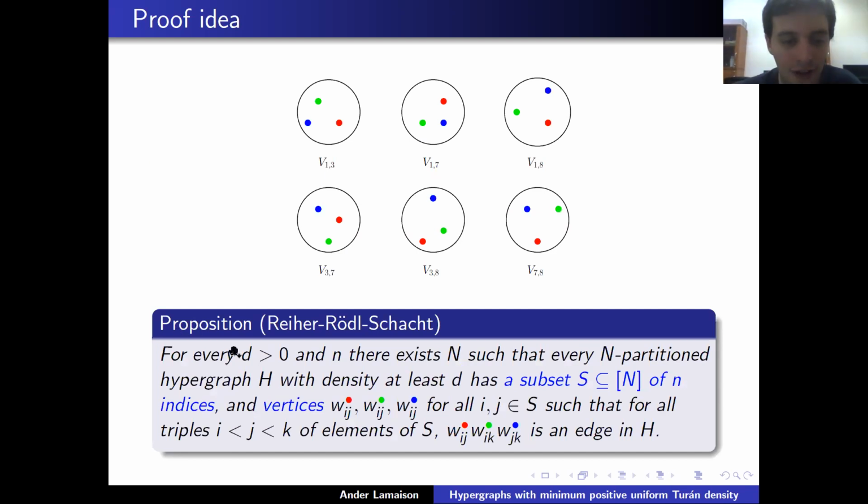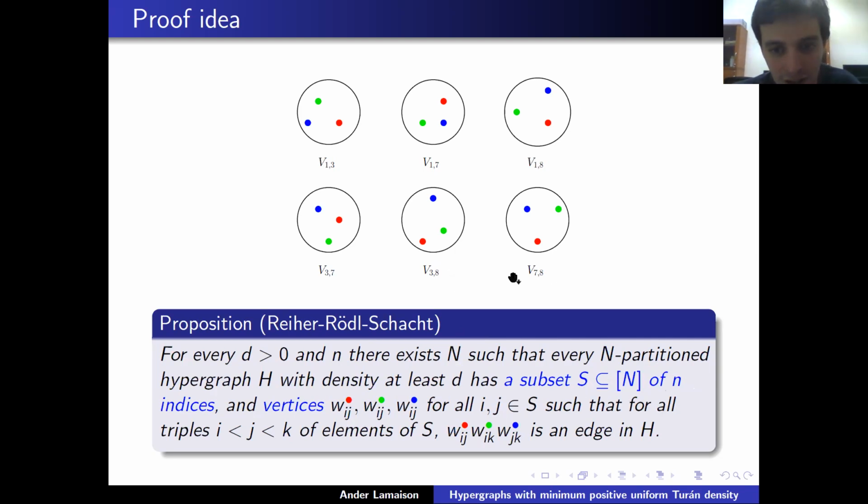So if you have some positive density D and you have little n, and then you take your big N to be much, much larger than the previous 2, then in a big N partitioned hypergraph, it is possible to select a subset of your indices with little n indices.